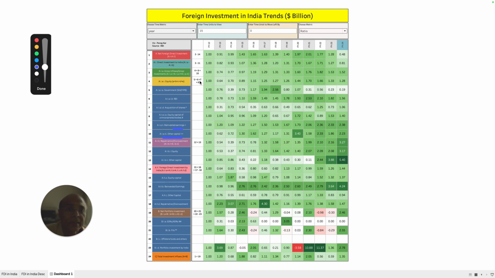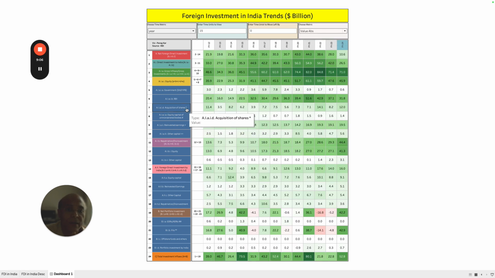If you look at these numbers, let me first take the absolute numbers, and then we'll look at the ratio. The equity part has gone a little low. It was $35.9 billion in FY12.